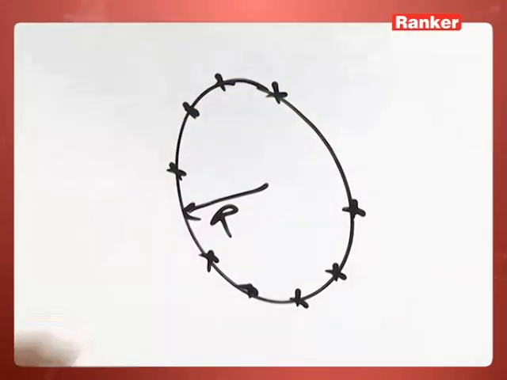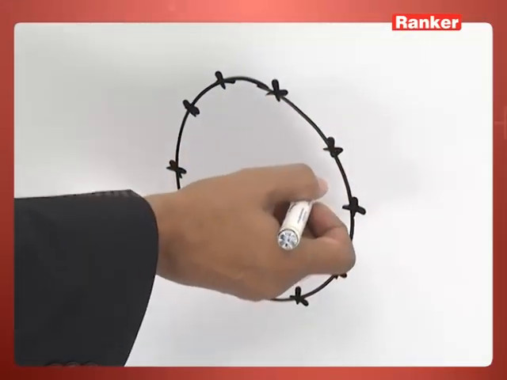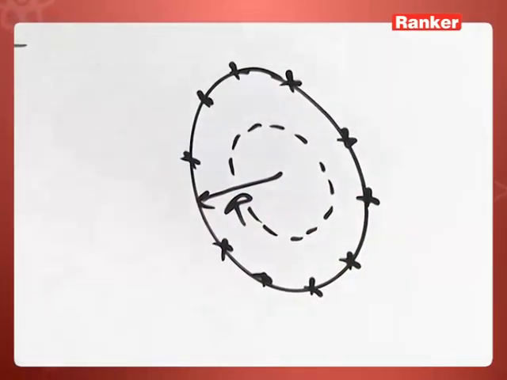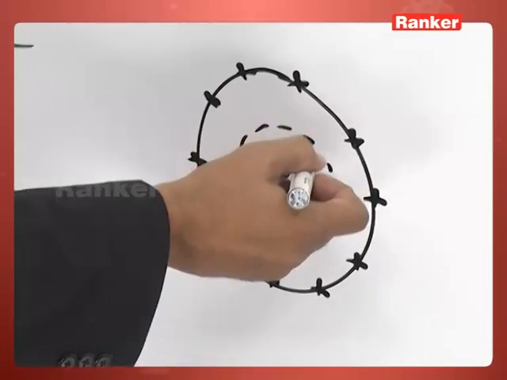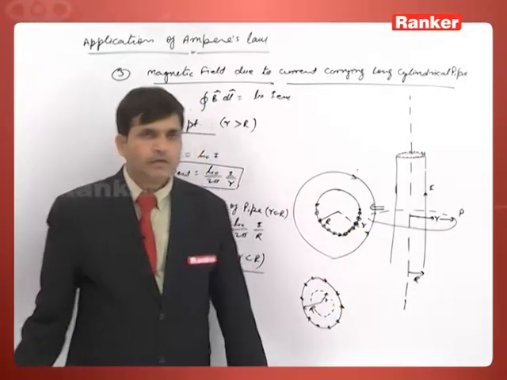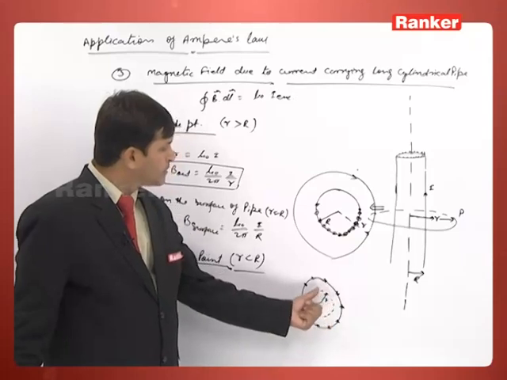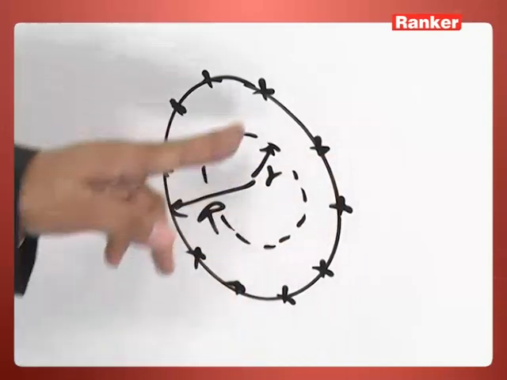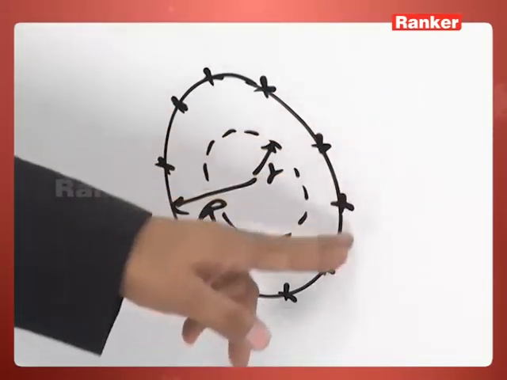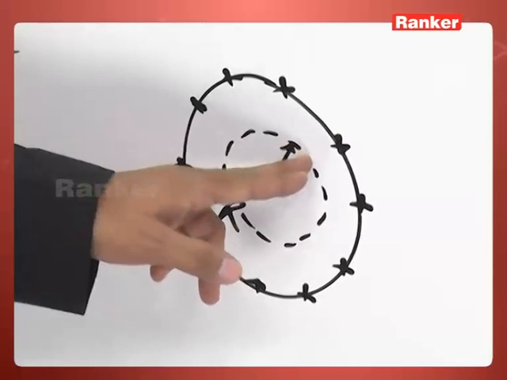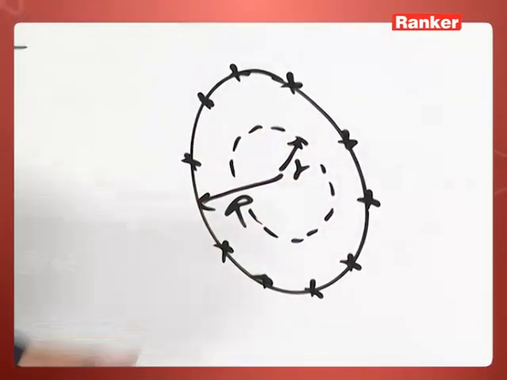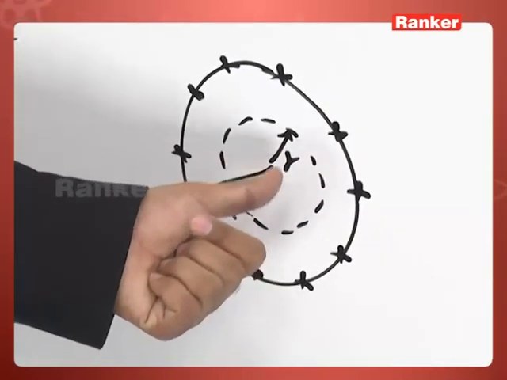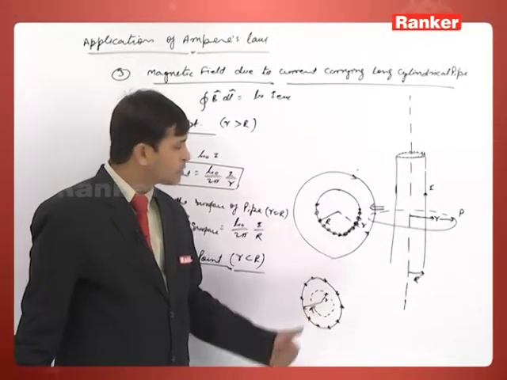Now for the inside point, we will have this type of Gaussian surface, this Amperian loop. Now with this Amperian loop, see, current is only on the surface. There is no current enclosed by the surface, so the net enclosed current is 0.